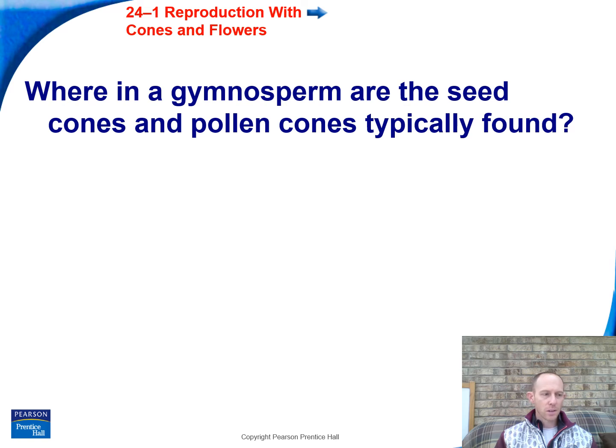So usually you have pollen cones and seed cones, they're not together. Now, if they were mixed up together in a tree, what's that tree run the risk of doing? Pollinating itself. We know, don't pollinate your dang self. That doesn't contribute very much to genetic variation, and that's nasty.